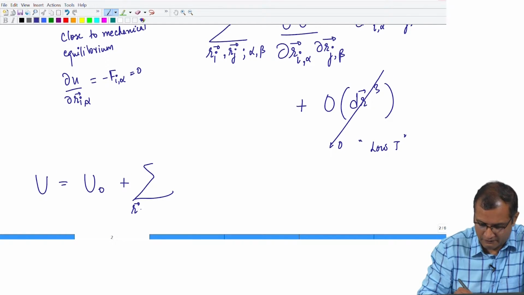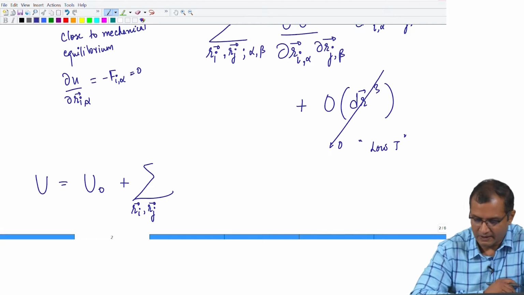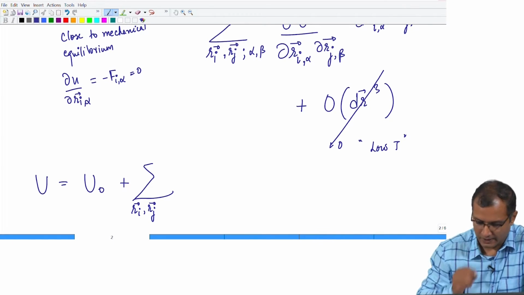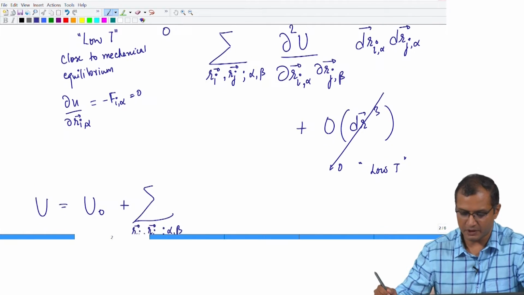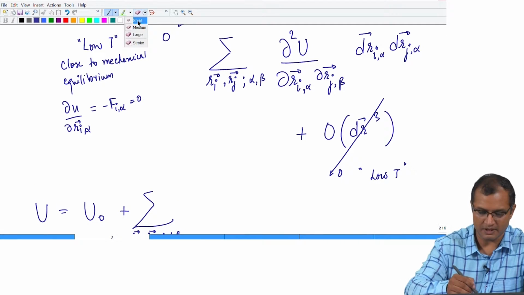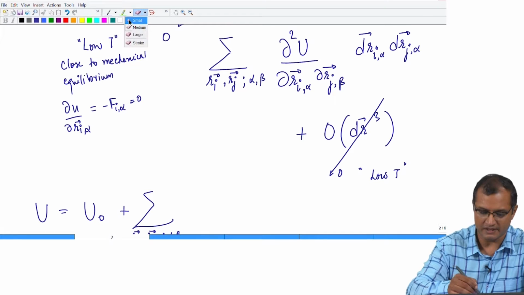So, I have to sum over all I and j's, okay, and alpha and beta, and the better way to write this is not R I R j, but just I j, because we are summing over I and j.